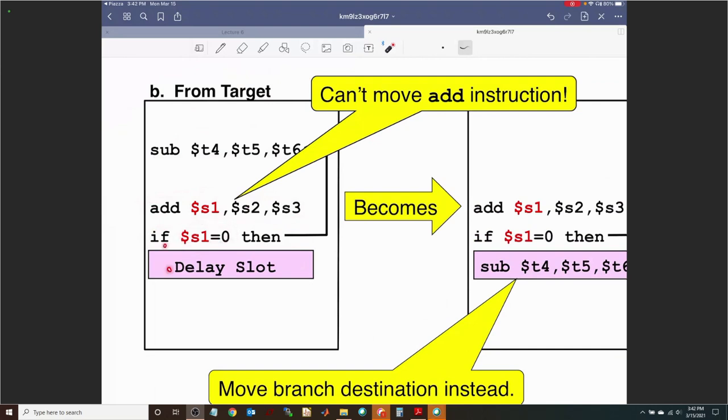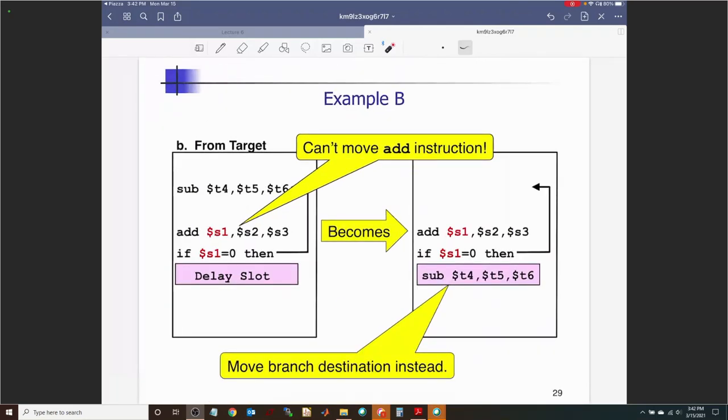Following the branch instruction, you have that delay slot that could be executed. Now, in example B, we are looking at a situation where we cannot move add because you see this branching depends on S1. So I cannot put it below the if.